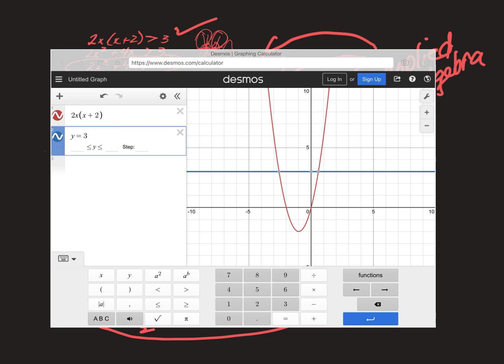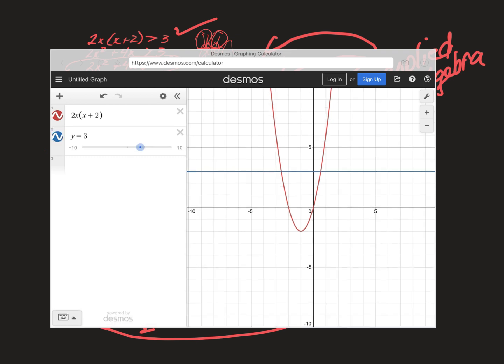And so we want to know where the red graph is above the blue graph. Well, where does that occur? If you click on this point, it occurs from x equals -2.581. Hey, that's the number we got. So from negative infinity to -2.581, the red graph is above the blue graph.